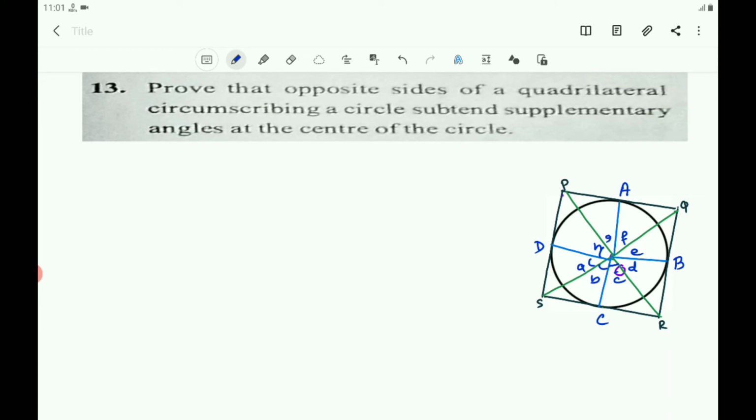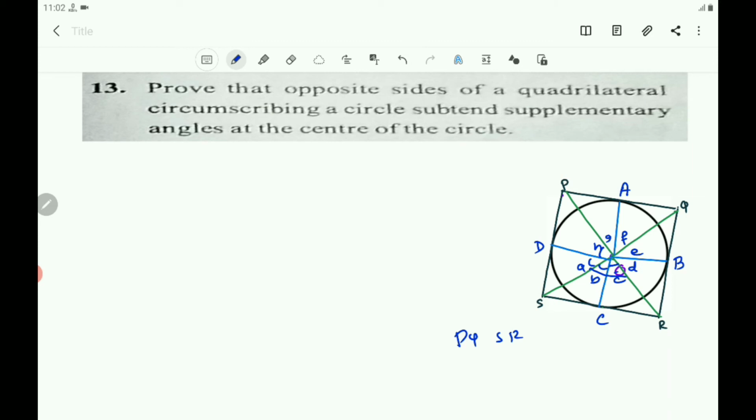The sides PQ, QR, RS and PS are the tangents of the circle with center O. And the points of contact are A, B, C and D. The angles made by the opposite sides PQ and SR are angle POQ and angle SOR.